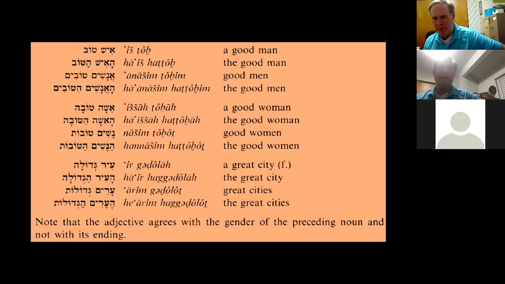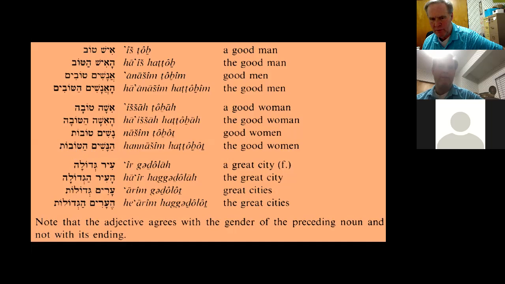So good women in plural, the word nashim would be women, and tovot would be good in the plural. So nashim tovot is just good women. If you want to say the good women, we need to put the hey in front of both of them. So we say the women, ha nashim, and then the good, which is ha tovot. So hanashim hatovot.